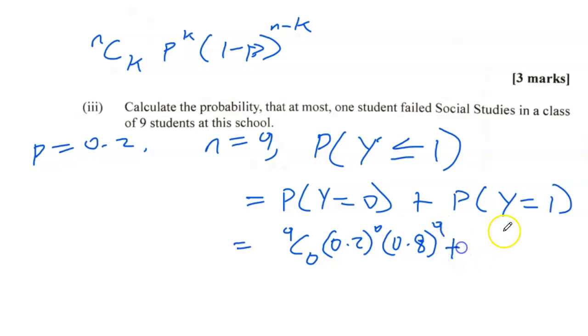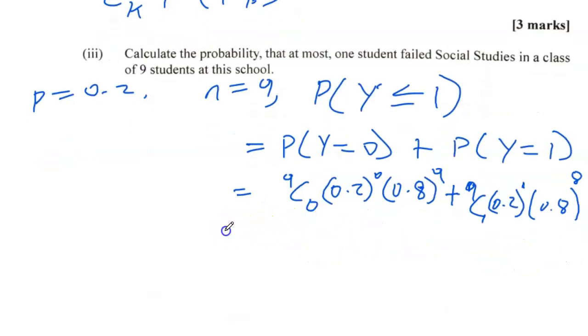Plus the probability Y equals 1, so now it's 9 choose 1, and the probability p 0.2 to the power of 1, and in the second bracket 1 minus 0.2, that's 0.8 to the power of 9 minus 1, and 9 minus 1 is 8.